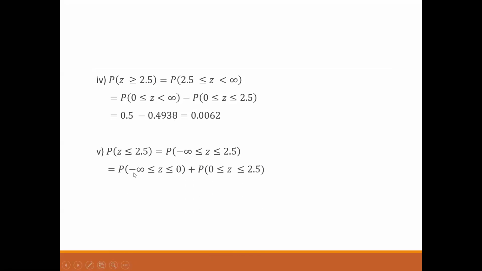I'll have minus infinity up to 0. Now this is 0.5. And this can be written using the property of symmetry. I can change this whole thing into the positive part, from 0 to plus infinity, because the values are the same. So this will give me 0.5 plus 0.4938, which will give me 0.9938.